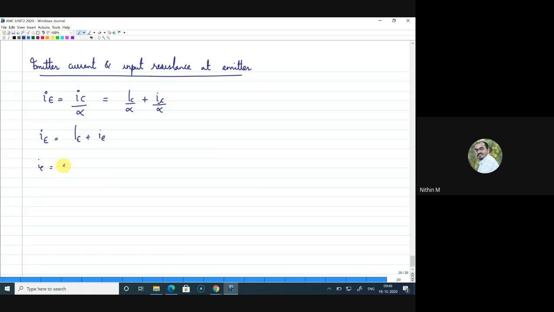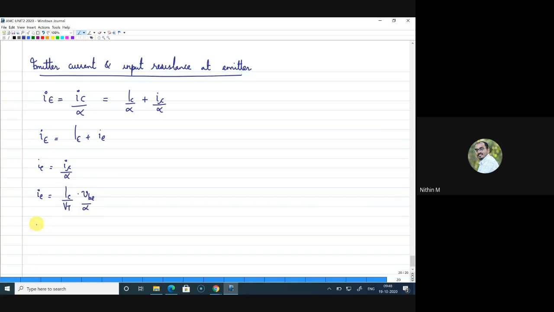Small ie is in fact small ic by alpha. So small ie can be written as small ic, which is IC by VT into VBE. So this divided by alpha will give you ie, right?